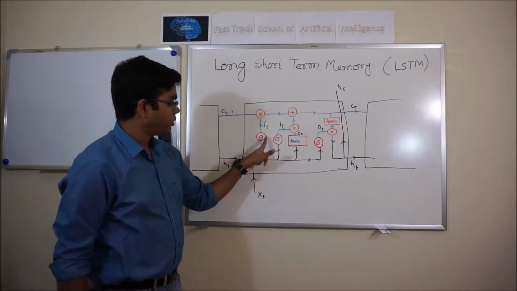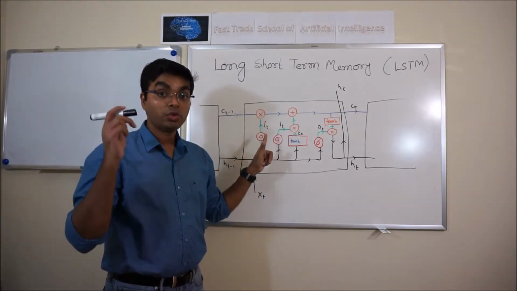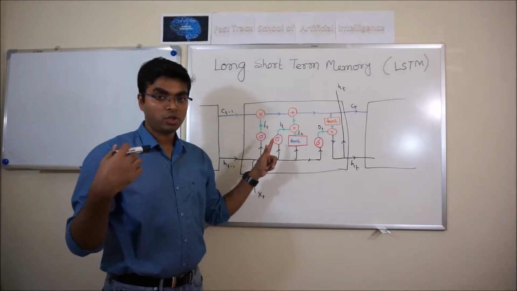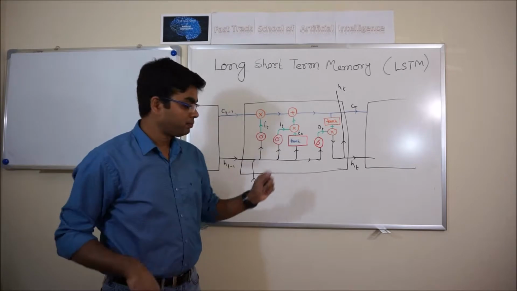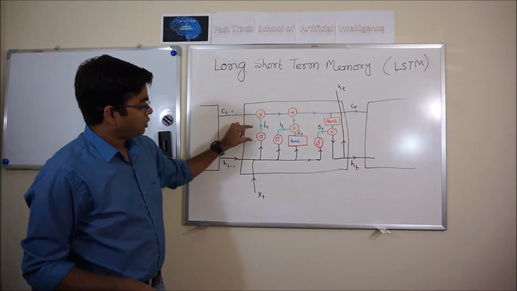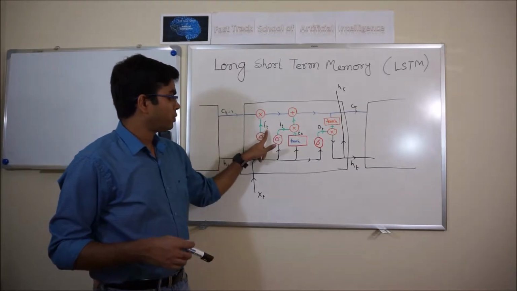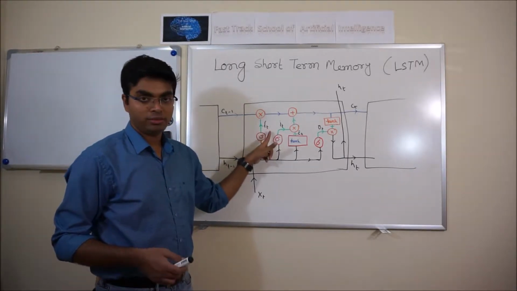Then we are passing that content through a gate to decide which information to be forgotten or which information to be sent for the next step. Through this sigmoid gate, it is producing some values called ft.